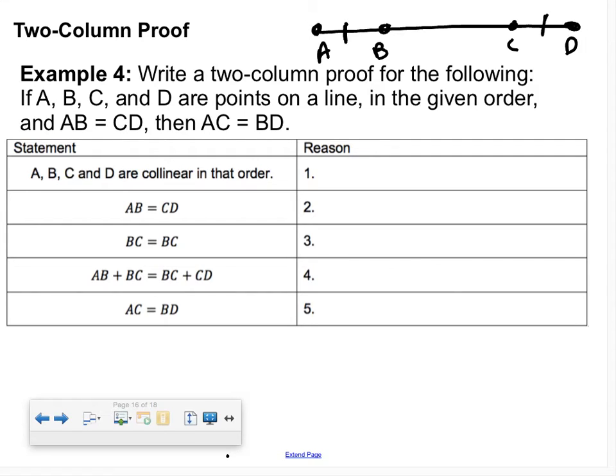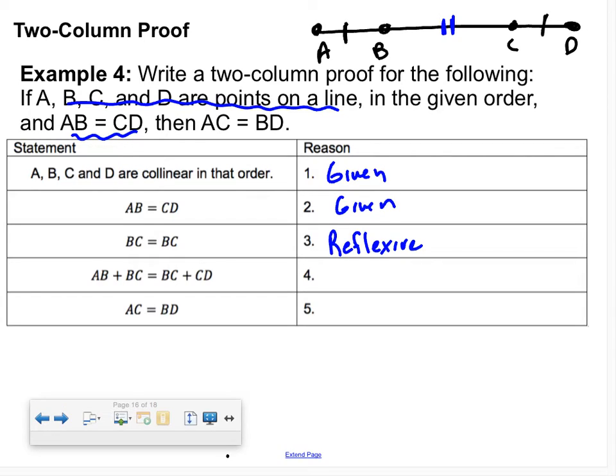So for line 1, that's given. That was given to us here. And AB equals CD is given as well. When something is equal to itself, we say reflexive. So they're saying that BC is equal to itself.